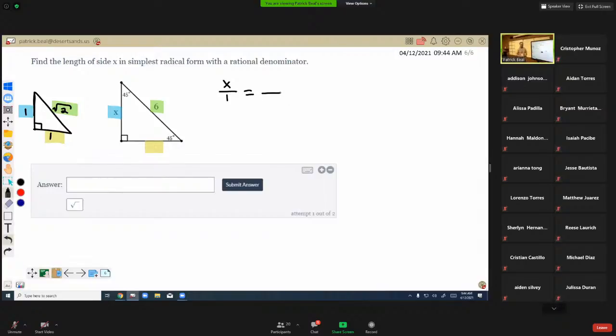What's the green fraction? Yellow doesn't help us because we don't know. Green fraction.